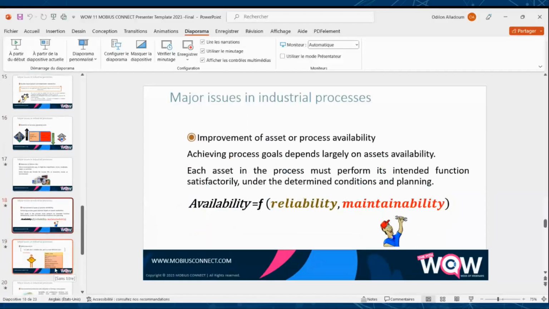The next point is about improvement of asset availability. Some failure may have serious consequences to human being, economy, society, or environment. Consequences might be minor, moderate, major, or extreme.